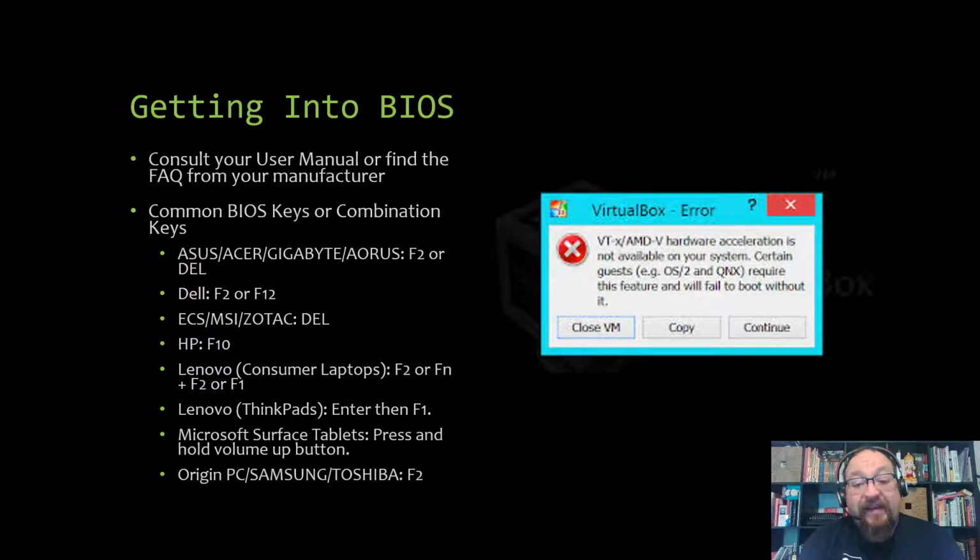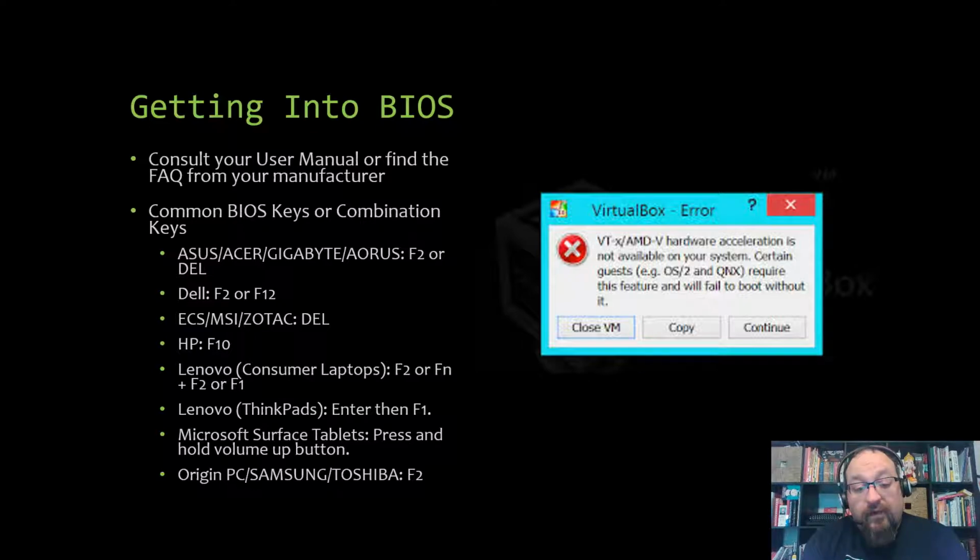So to get into your BIOS, unfortunately, there are just a massive number of computer manufacturers out there. Asus, Acer, Gigabyte, Aorus, which I've never heard of, Dell, ECS, MSI, Zotac, HP, Lenovo, Surface tablets, Origin PCs, Samsung, Toshiba.